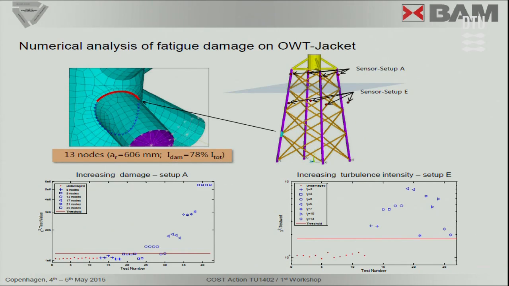Finally, we did the numerical modeling of the jacket structure, or the support structure, of an offshore wind turbine. You see only a part of the structure, of course, with the tower.